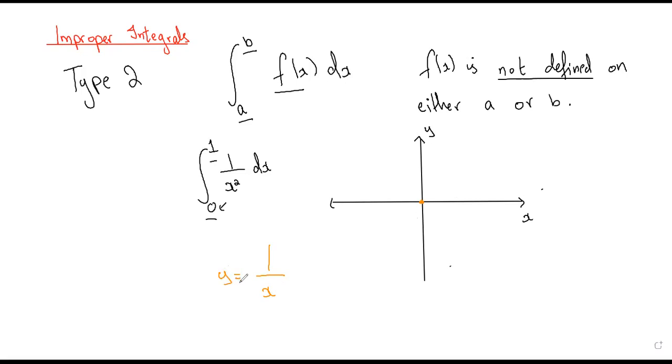Can anyone tell me what we get for 1 over x? I'll tell you. The shape is similar, but the quadrants are different. This is what we get in this case.